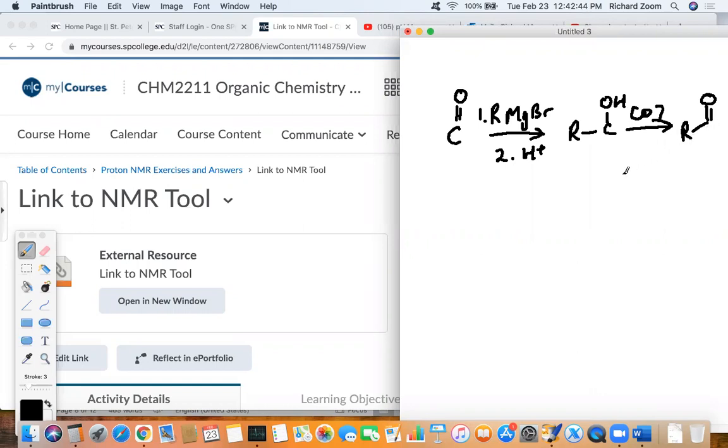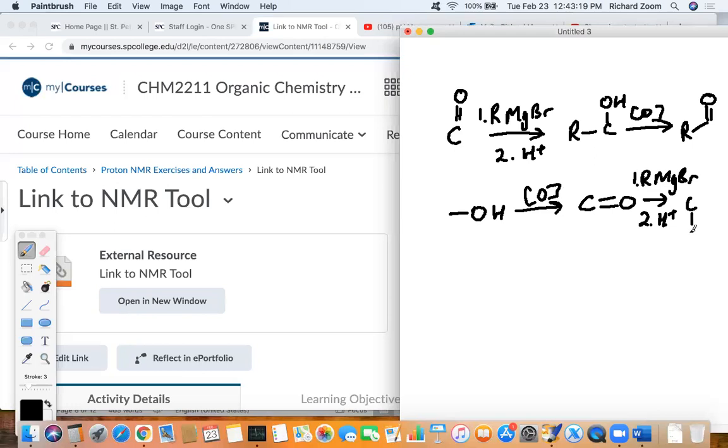To something with the C double bond O. So I can do that. That's an option. Let's see, what's the other one? Taking an alcohol, and oxidizing it to our C double bond O, and then treating that with some sort of Grignard reagent. And yeah, that's pretty much it, which brings in another alcohol here.